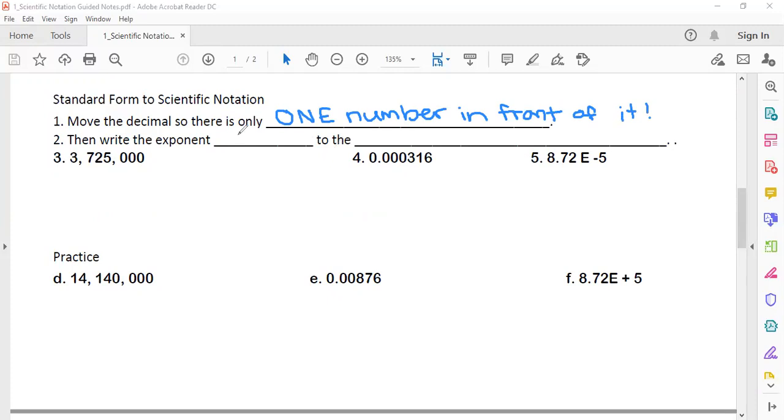Then write the exponent equal to the number of places you moved. Okay? Everybody got that? I'm giving her a second to write that down, and then I'm going to switch back to the whiteboard.